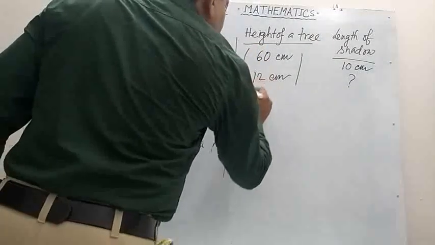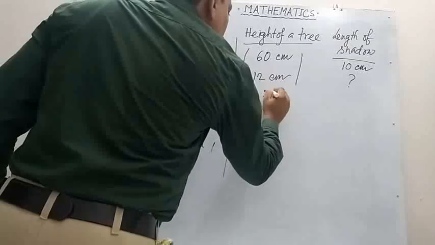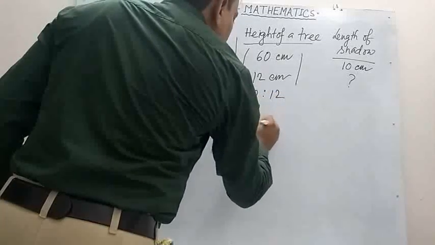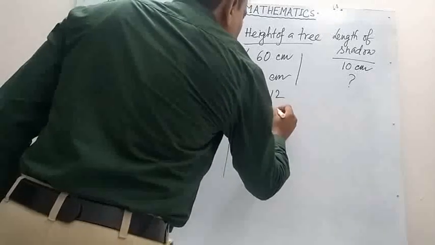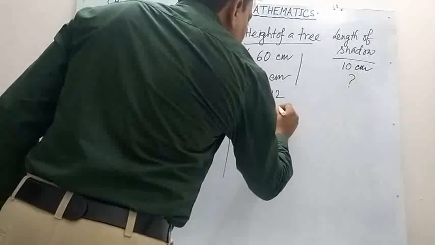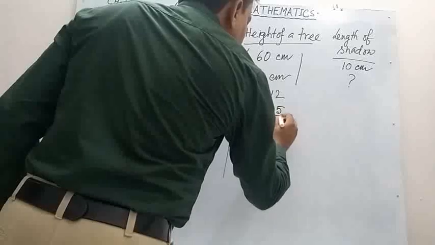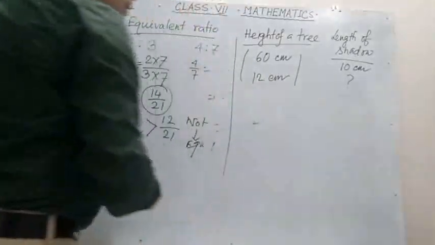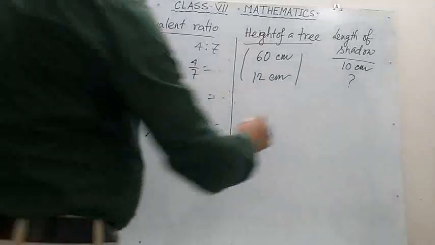So the ratio of 60 and 12, 60 by 12 equals 5 by... no need to find the ratio, you can directly solve it.